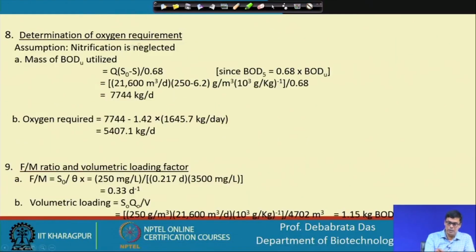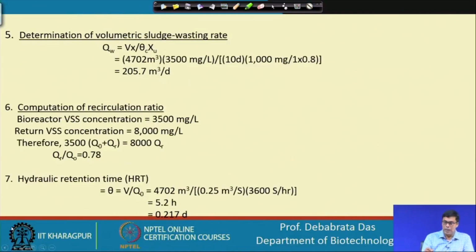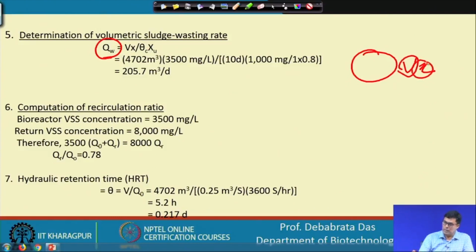We find out another important parameter, how much sludge you are wasting from the reactor. That can be found from how much sludge is present in the reactor, which is equal to V into X. V is the liquid volume, X is the cell mass concentration, and the cells we are taking out from the reactor are QW into XU.